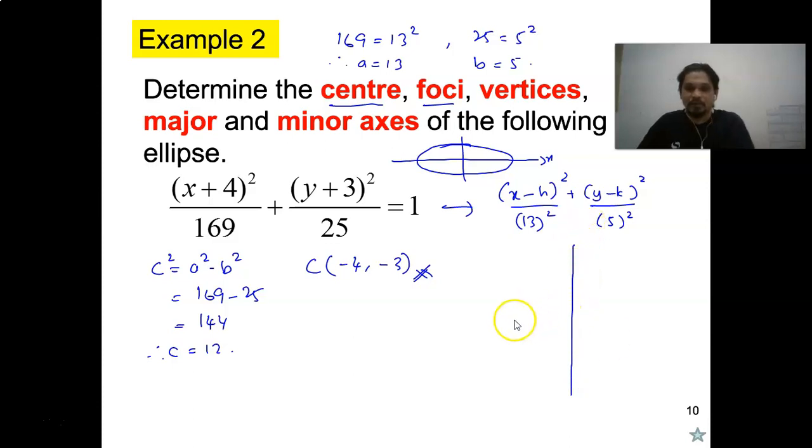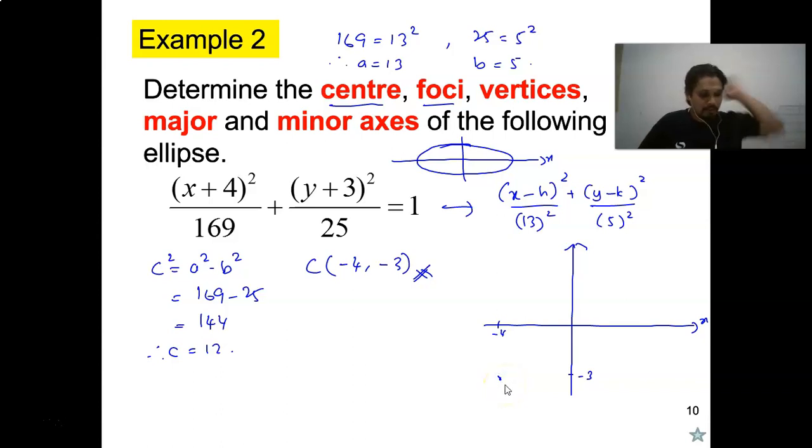Let's sketch the picture of this first. Okay, negative 4 here, and negative 3. The center, which is (negative 4, negative 3).